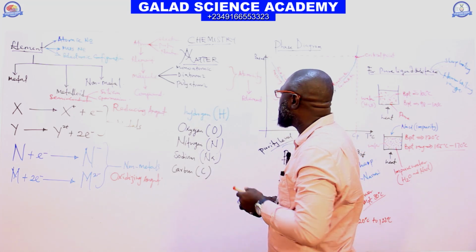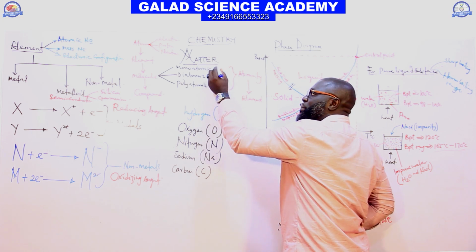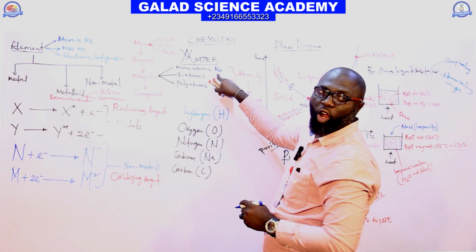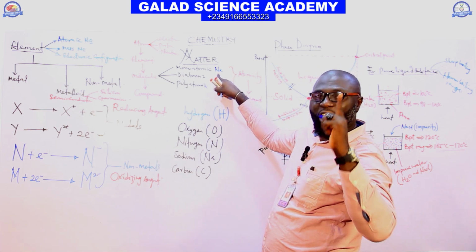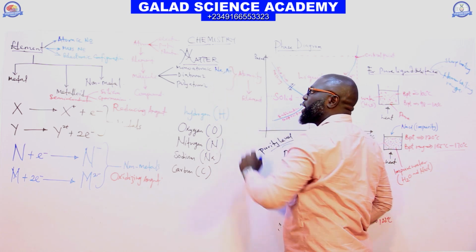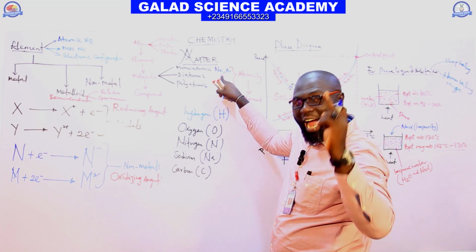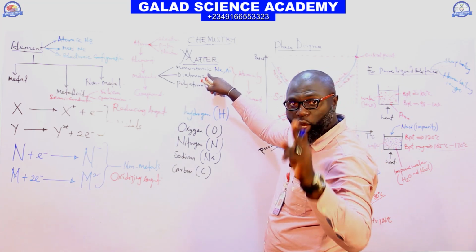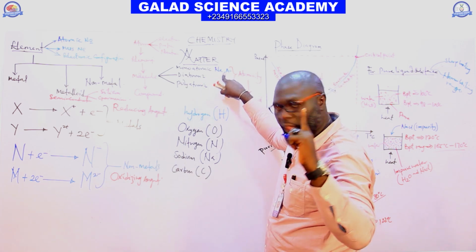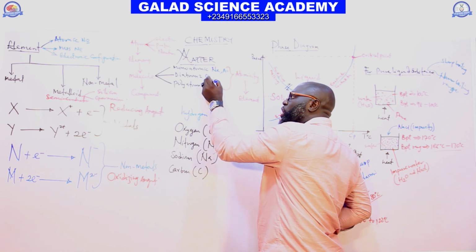Take for instance monoatomic elements: we have neon. How many atoms do you have in neon? It is one. Neon, argon, helium, they are monoatomic molecules, containing one atom.